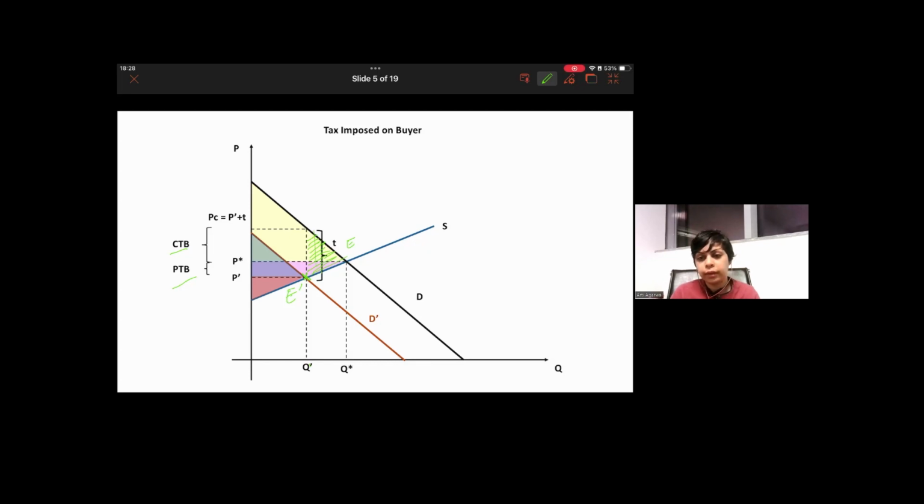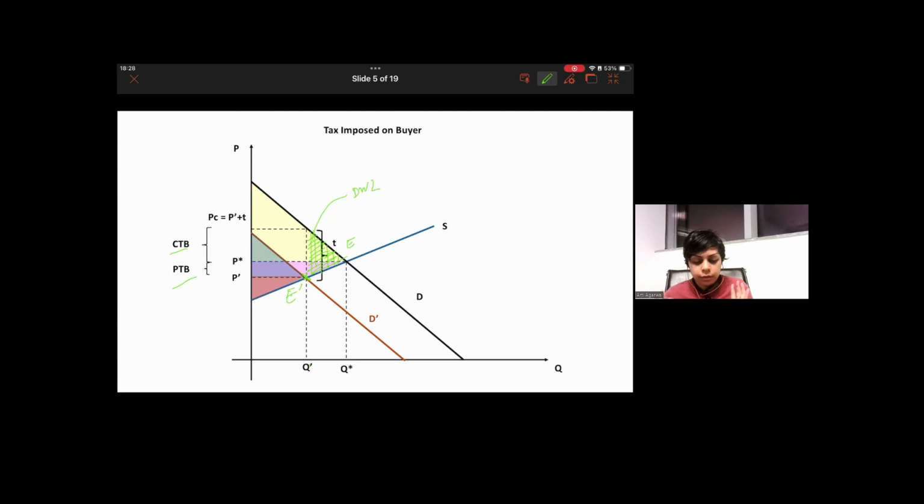So the tax burdens are the same, surplus is the same, deadweight loss is the same. What is changing is the price. Quantity is also going to be the same. That's kind of how it works out.